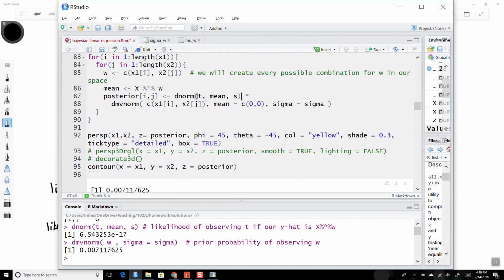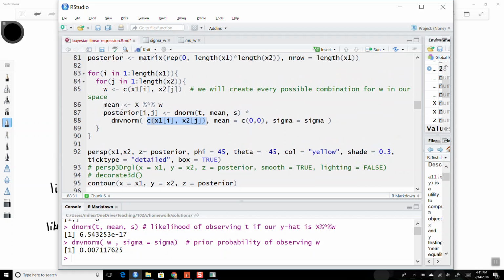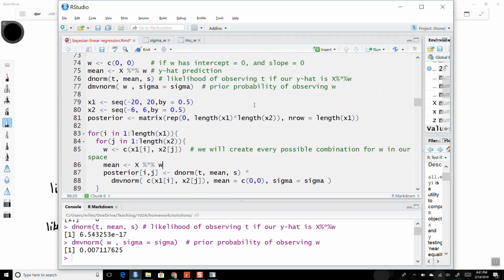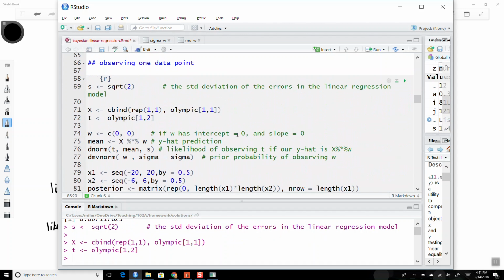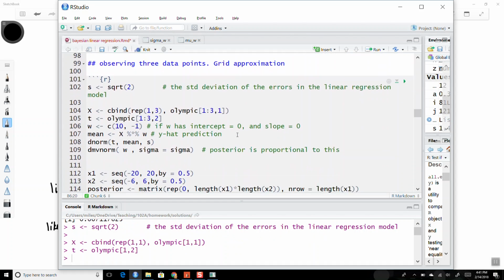What's the likelihood of getting, in this case, t is 12, if the mean is whatever is predicted by this W with standard deviation S, and we multiply that by the prior probability of getting this exact coordinate of W. And that's going to be drawn from the multivariate normal. So we do this, and we calculate our entire plot as such.